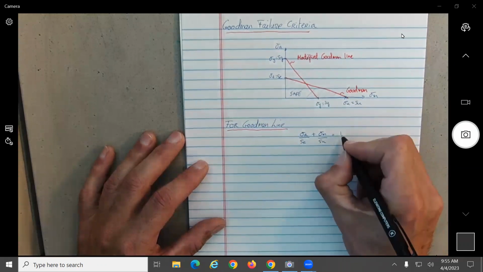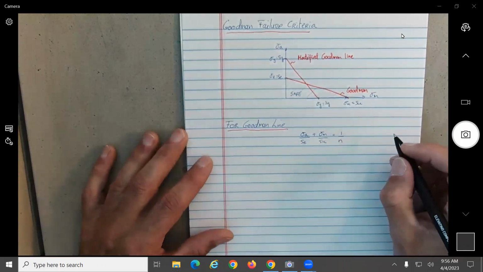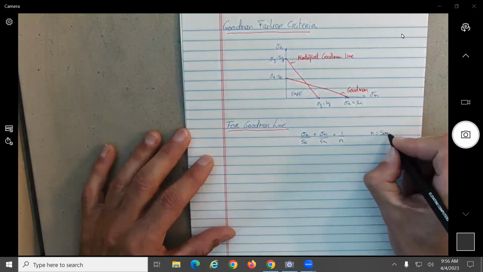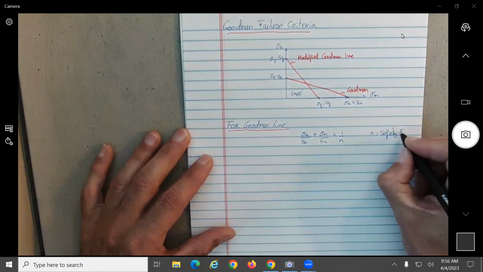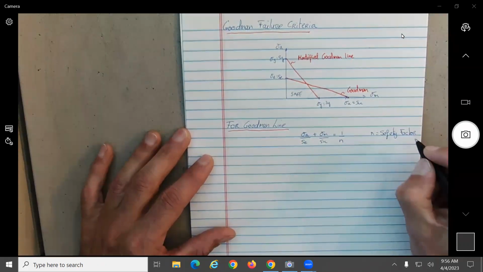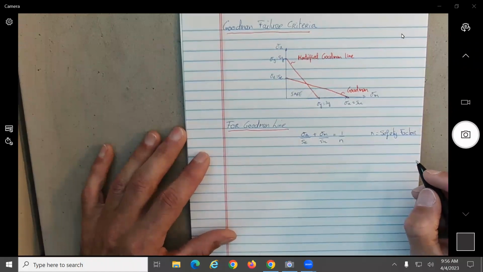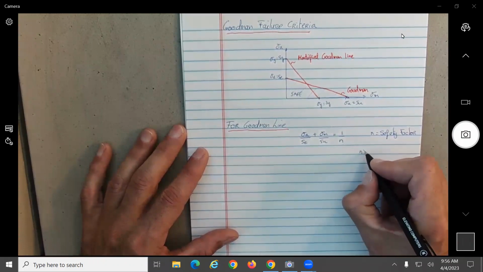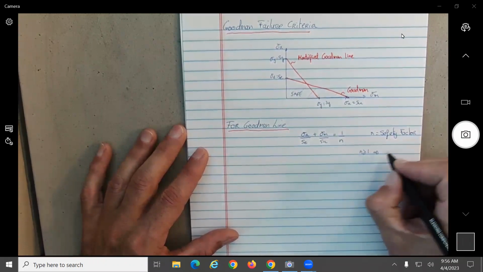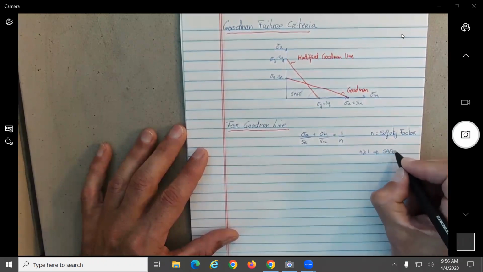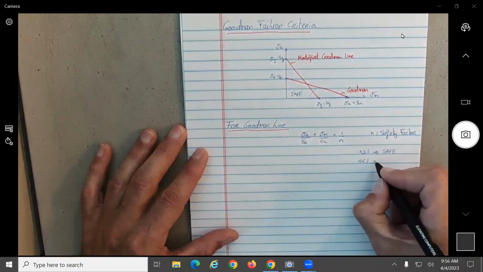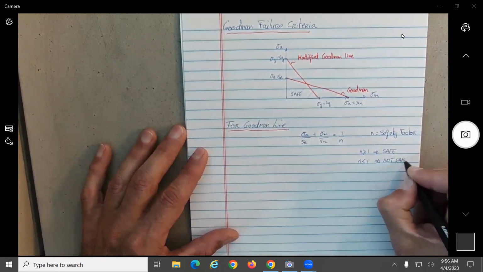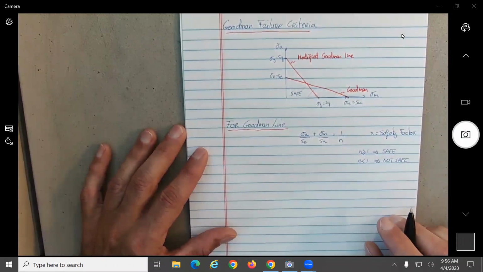This should be equal to 1 over n, where in this case, n is the safety factor. So what's going to happen over here is that if n is higher or equal than 1, the structure will be considered as safe. If it is lower than 1, not safe.